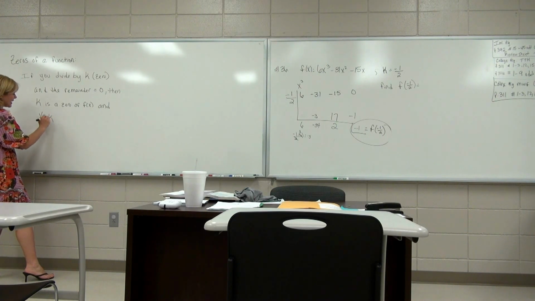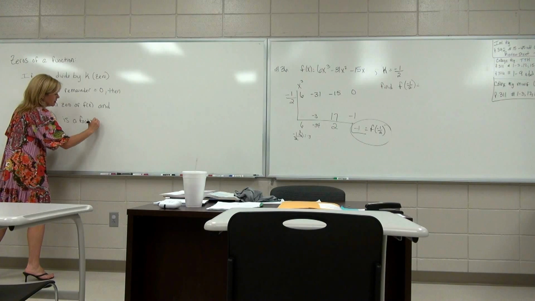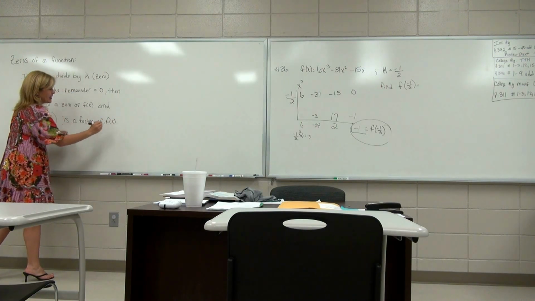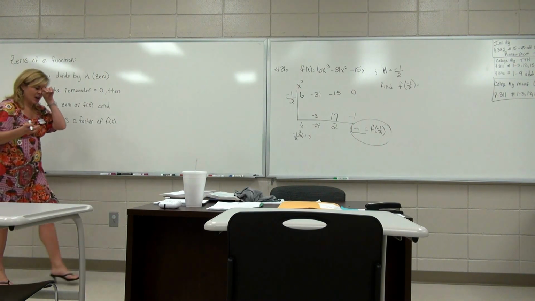And x minus k is a factor of f of x. So when you divide by k, what you think is the 0, if your remainder is 0, like what I was telling you earlier, then that number is a 0 of the function, and x minus k is a factor of f of x. This bottom part right here is actually called the factor theorem on your worksheet. Okay, so let's look at a few of these problems.